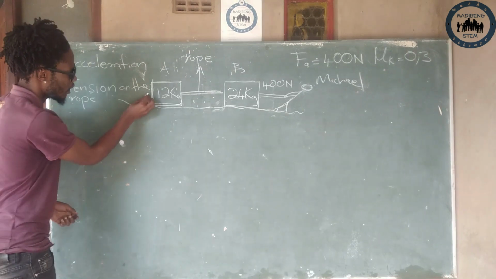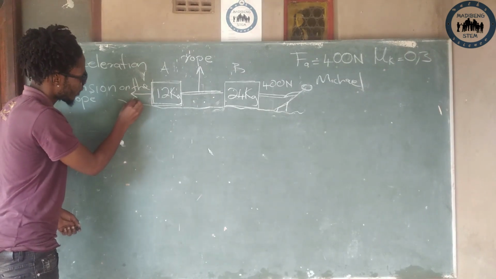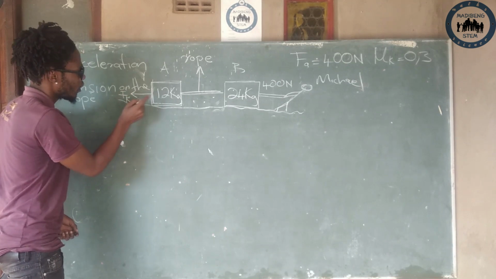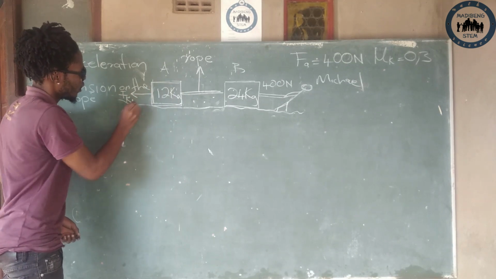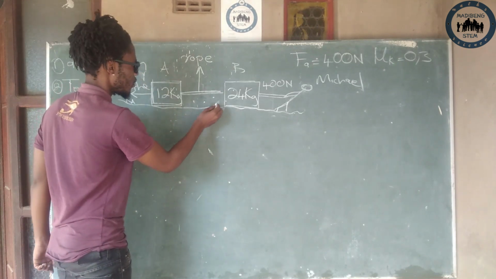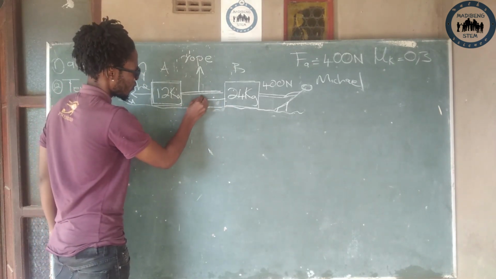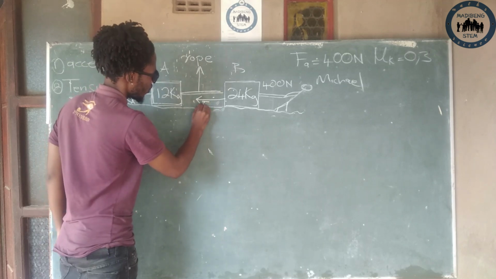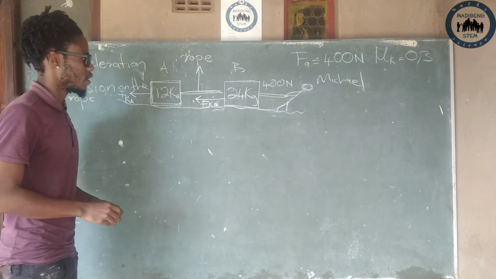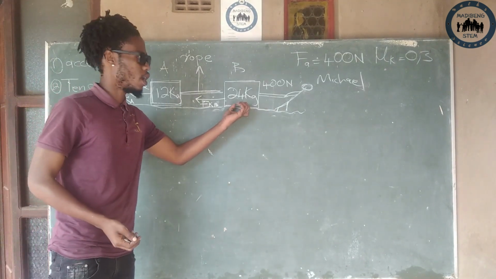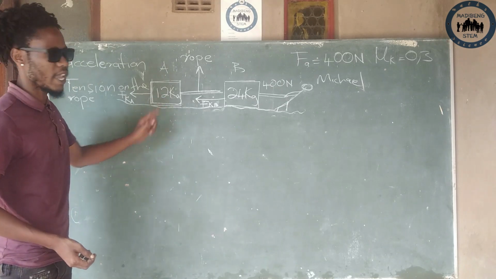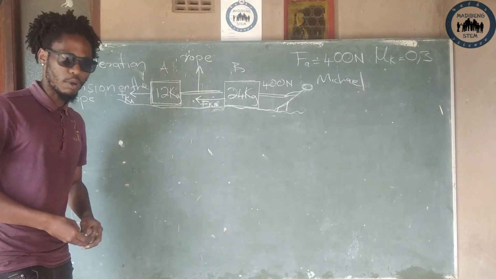So in this case, the frictional force will be this side. FkA. This will also have FkB, meaning the frictional force that is experienced by this object B, and this is the frictional force that is experienced by this 12 kg block.